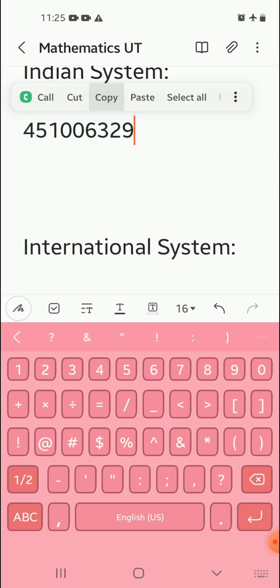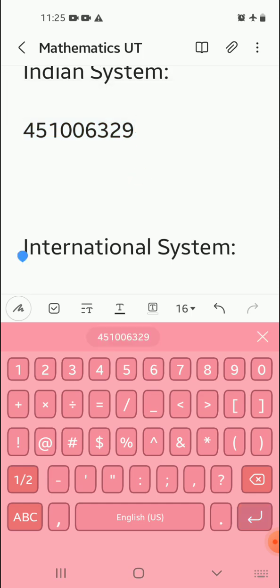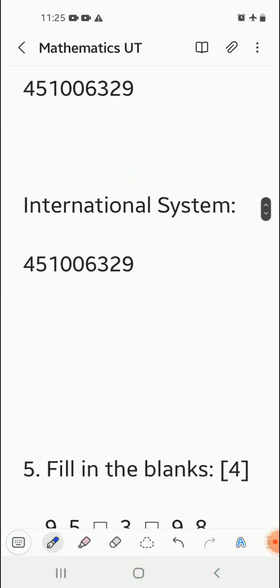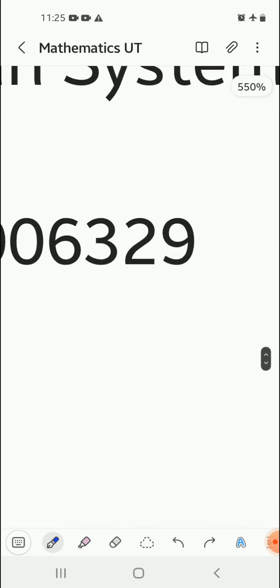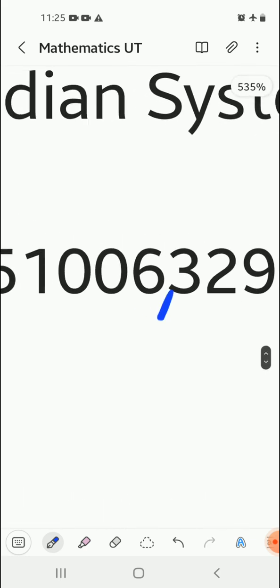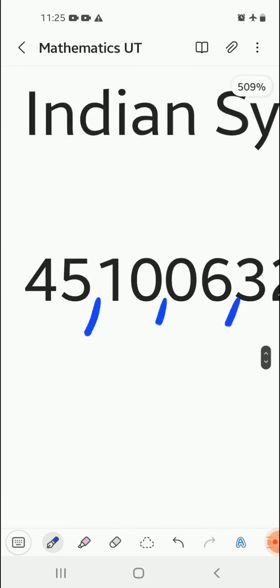The same number. Now we are going to put commas. In Indian system, we are going to start off from the right and move towards the left. First, leave 3 numbers gap and henceforth 2.